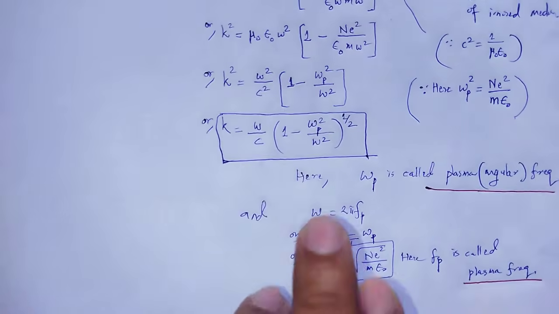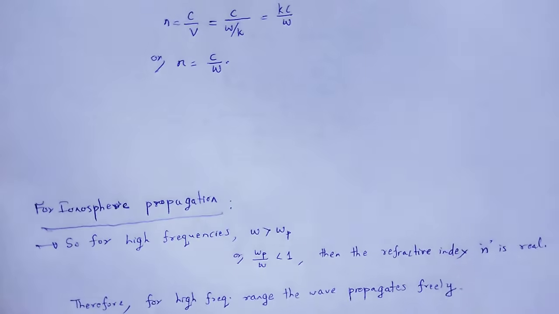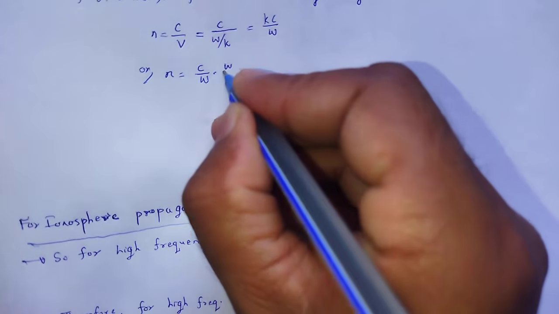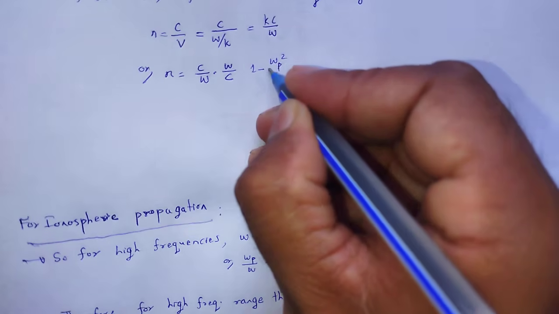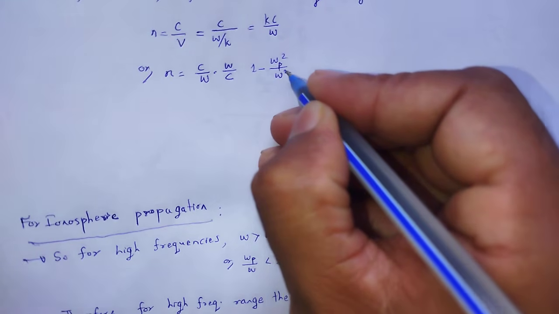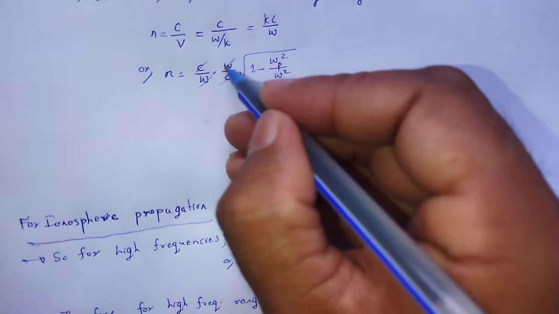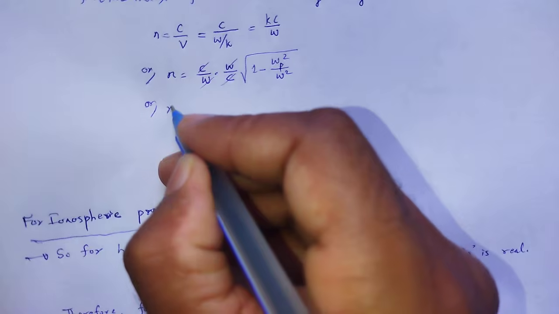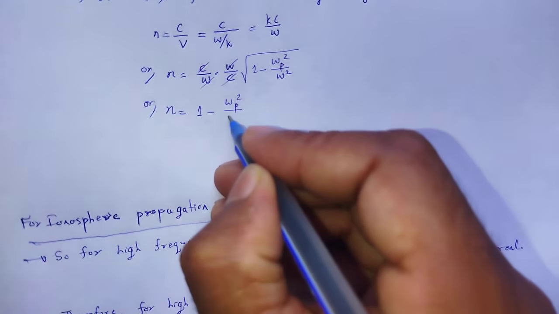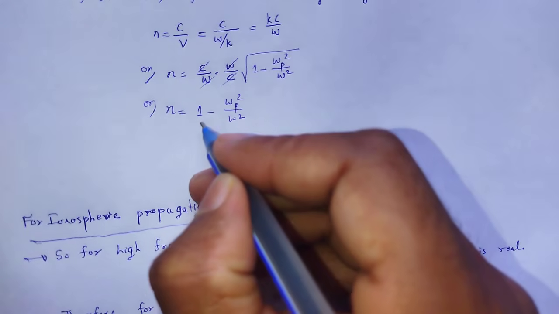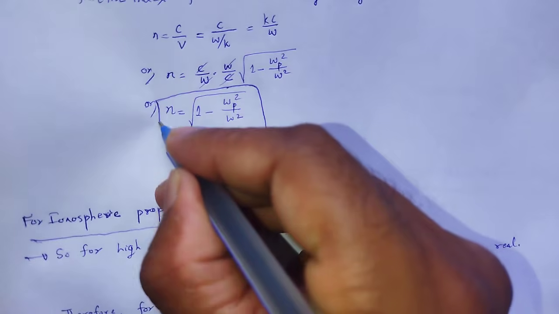Here the expression for k is omega by c into under root of 1 minus omega p square divided by omega square. c c, omega omega cancel out. We have n is equal to under root of 1 minus omega p square divided by omega square. This is the expression for refractive index.